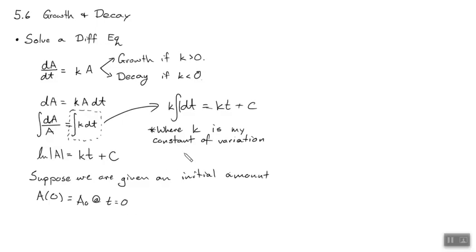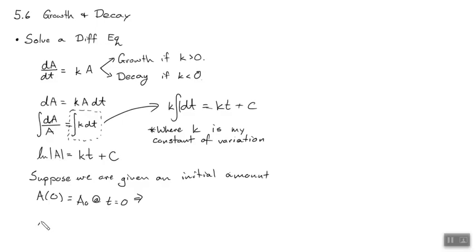Okay, notation-wise, does that feel okay? A of 0, we'll just typically write as A sub 0. Okay, now as I'm looking at this, if I wanted to solve for that, I think I would be able to work out at time 0, well, that'd be ln of A of 0, right? Like I write just A, but this is really A of t, right? The amount at time t.